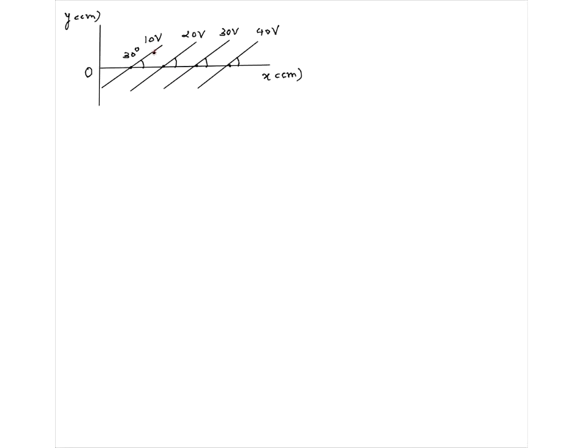So in that plane there are several equipotential lines. 10 centimeter distance, 20 centimeter, 30 and 40. Now, what can you say about the magnitude and direction of electric field?